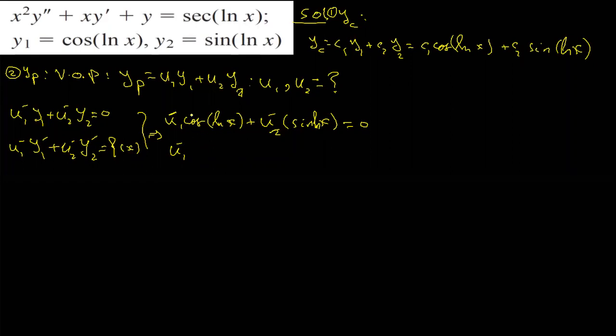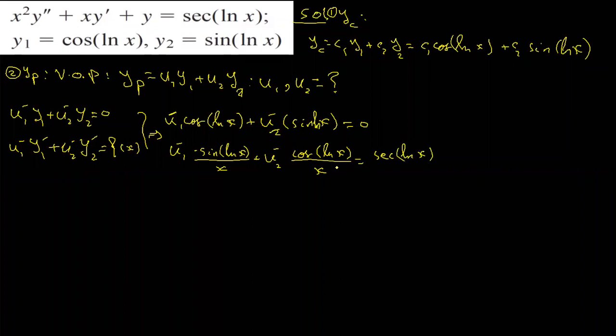So now, derivative of cosine ln x: negative sine ln x, all over x, the derivative of ln x, plus also here the same, u2 prime times cosine ln x over x equals, help please, where is my f(x)? Sec ln x.